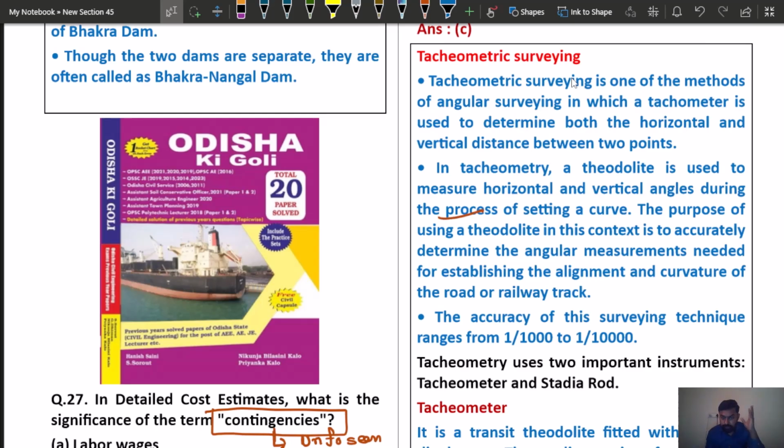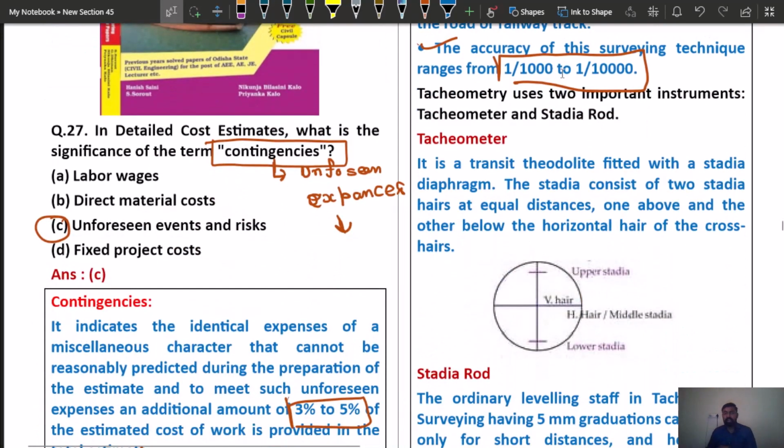In this method there is no need of the chain or tape to measure the horizontal and vertical distances. These are measured by the tachymeter. The accuracy of this surveying technique ranges from 1 by 1000 to 1 by 10,000. These are two instruments which are used in the tachymetric survey.